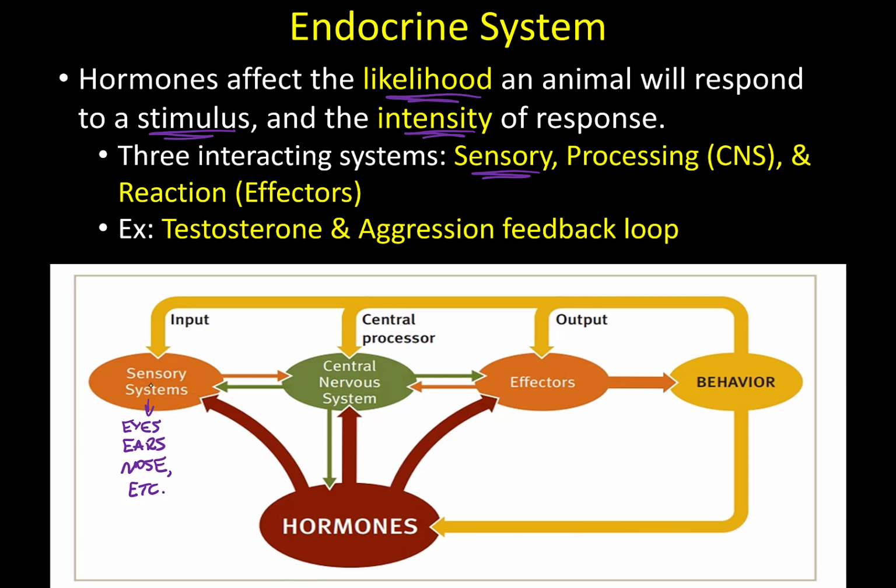All that information, though, then has to be processed. Our processing center is also called our central nervous system, which is this centermost bubble. This is made up of the brain and the spinal cord.